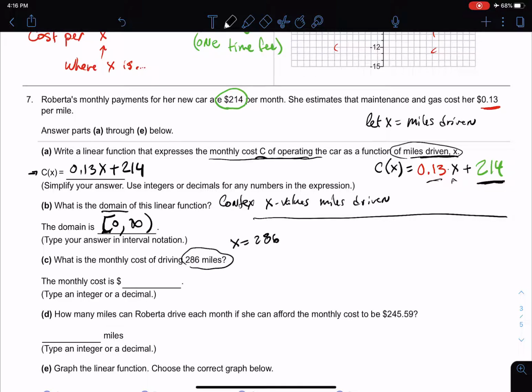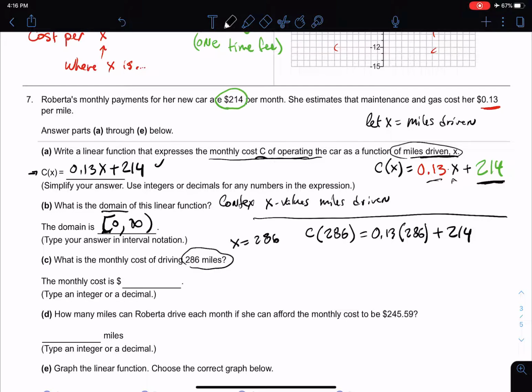In the context of our problem, we have this nice little formula that says the monthly cost of driving this car when x is 286, and I just copy the rest of my formula, equals 13 cents per mile, which we went 286 miles, plus that flat fee of $214.